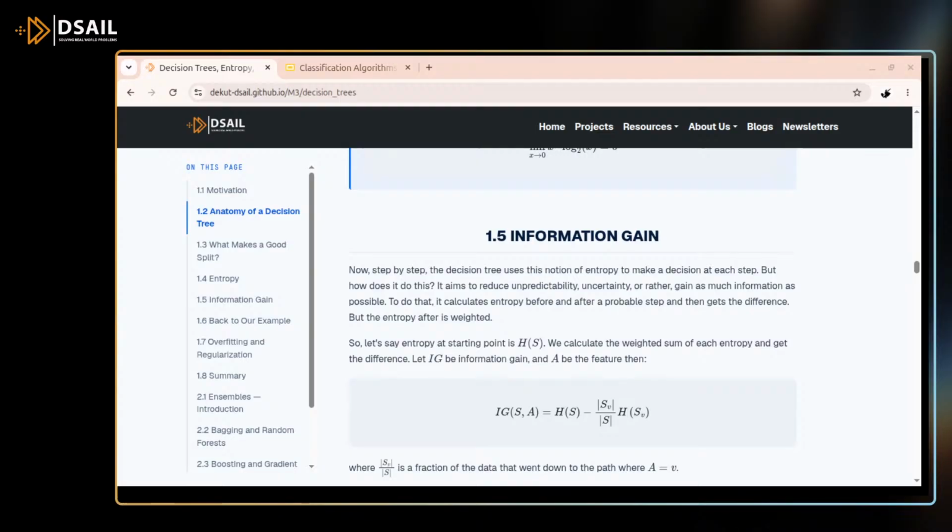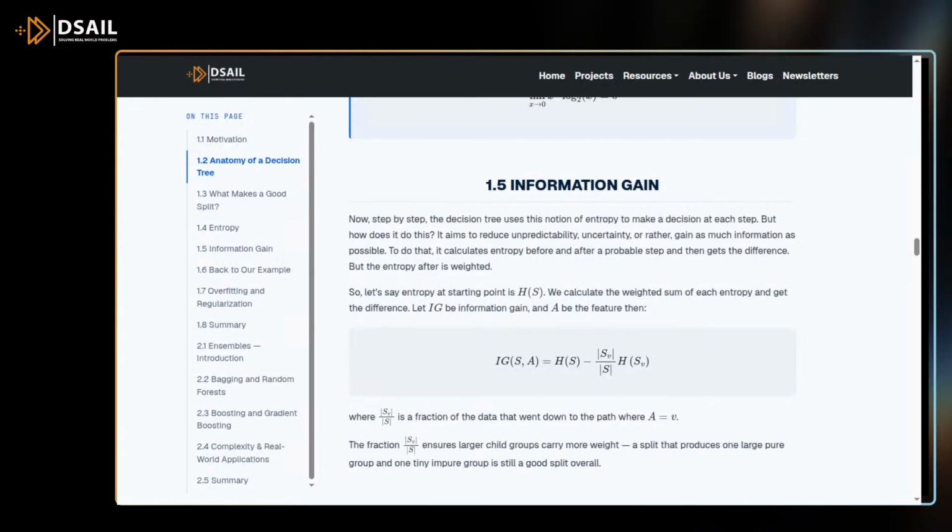But if I have a 50-50 split and I draw one of them, I gain some information. Are we together? So essentially, we want to be able to estimate, at each step when we are making a decision, how much information are we gaining? Do you get that point? So at each step, how much information are we gaining? And how do we do this intuitively?